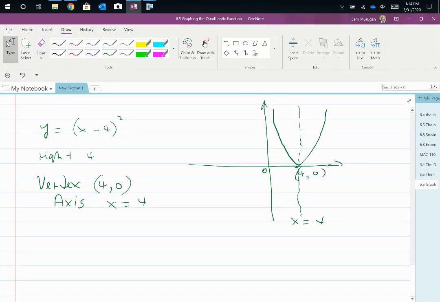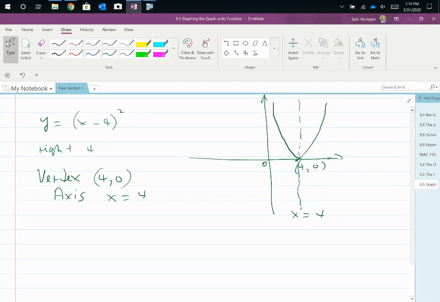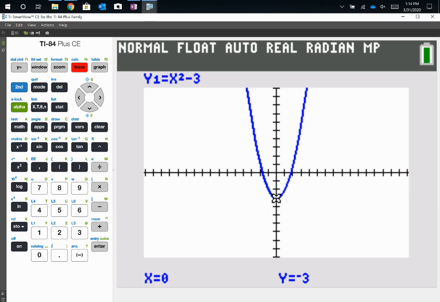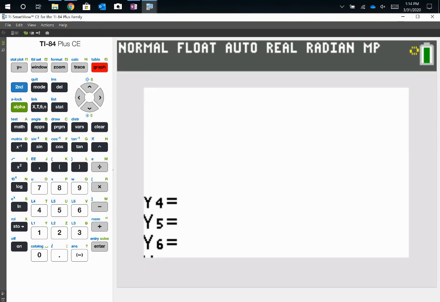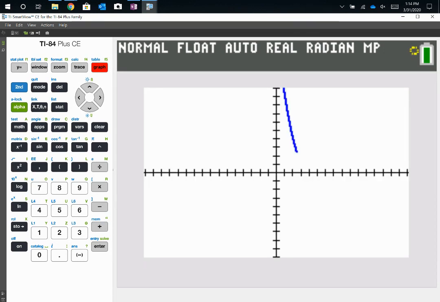If I were to say, by the way, we want to put this into the calculator really quickly to make sure we can see this: (x minus 4) squared, and graph it, and we can see that the whole graph is now shifted 4 places to the right-hand side.